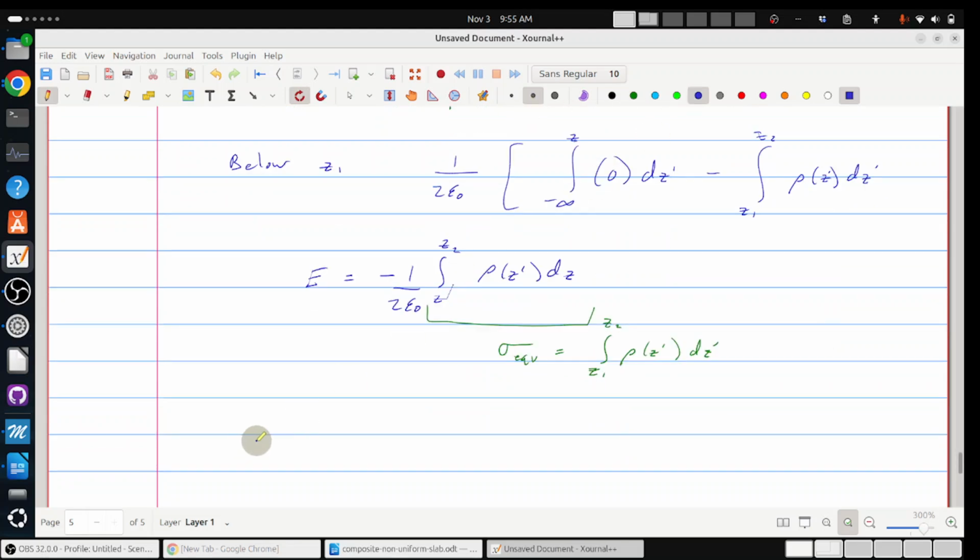Above Z2, I'm going to have 1 over 2 epsilon naught. The integral on this side, I don't have to go all the way down to minus infinity. I'm just going to have Z1 to Z2.